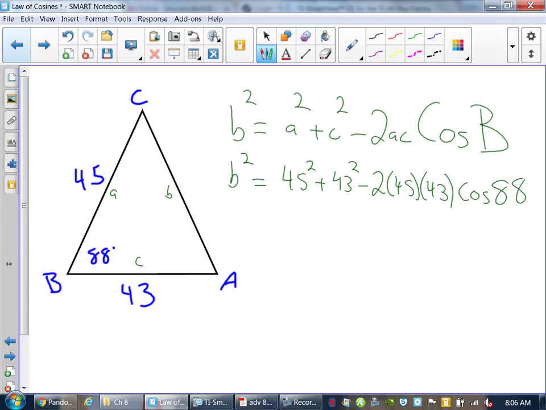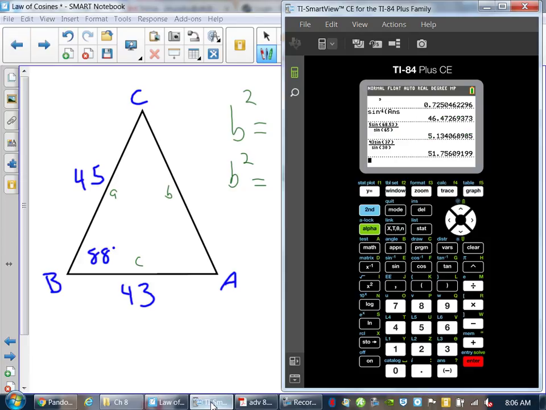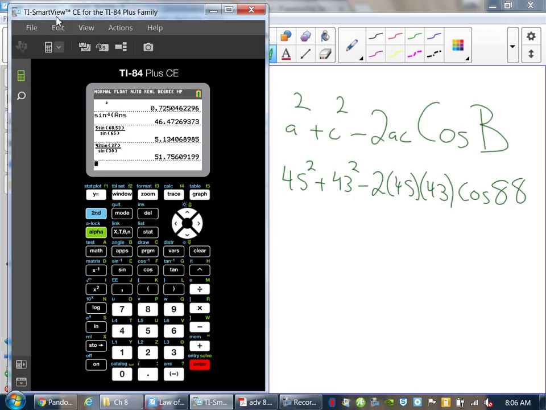Don't I just have a whole bunch of junk that equals b squared? So what do you think we do? You quite literally put this in your calculator exactly the way that it's written. 45 squared plus 43 squared minus 2 times 45 times 43 cosine 88.